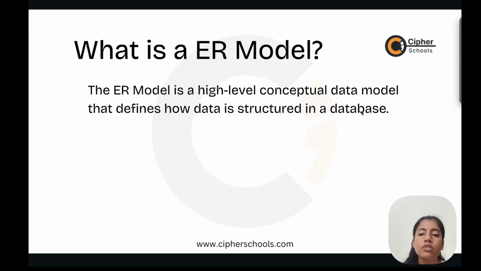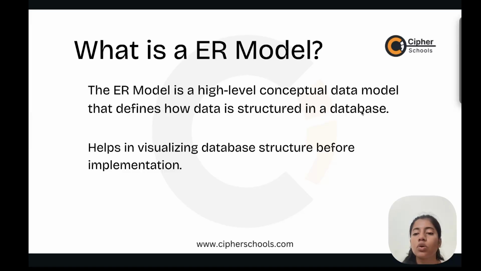If you keep talking about technical terms, the client won't understand anything and it won't be a good idea. So people use the ER model to provide a high level conceptual idea about what is happening inside. It is very easy to make others visualize the structure of the database. So it helps in visualizing database structure before implementation.